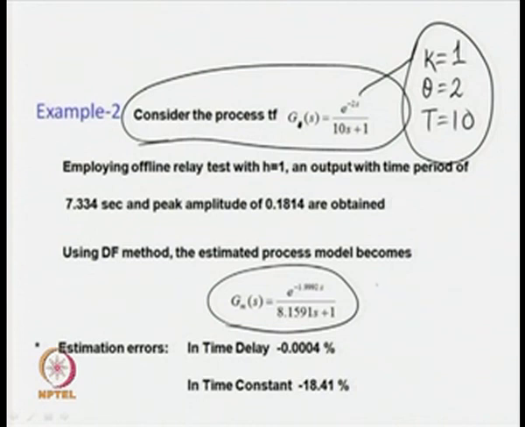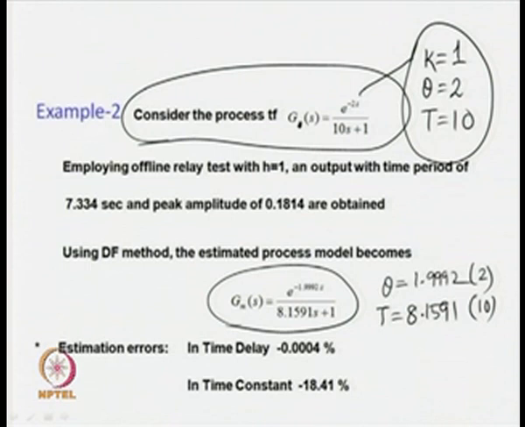That means, the estimated value for the time delay is 1.9992 and that of the time constant is 8.1591, in place of 10 of course, and in place of 2.